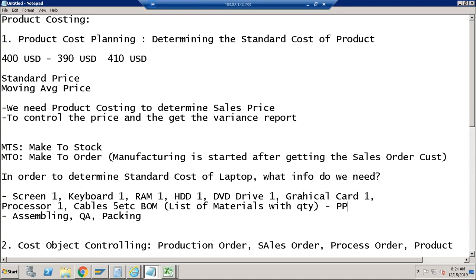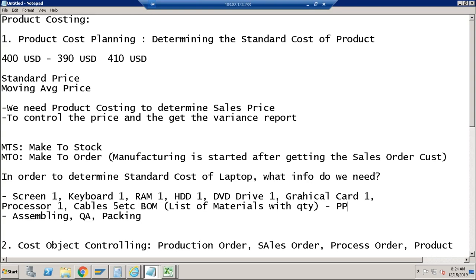PP persons or PP consultants, or in terms of the business users, the users who are responsible for manufacturing, they are responsible for making sure that the BOM is always updated for the finished product.